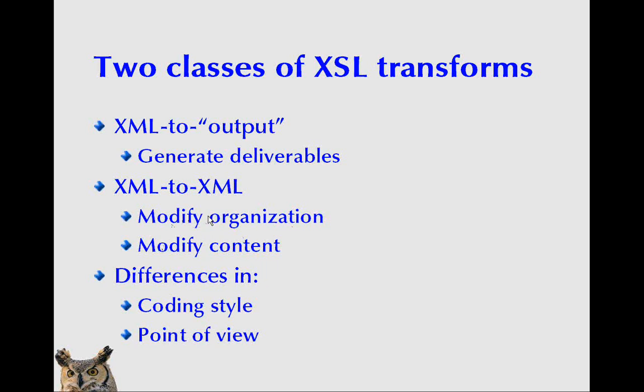And a typical example of the XML to XML transform might be you've got documents in DocBook format, and you want to transform those to DITA format. So that would be an XML to XML transform.